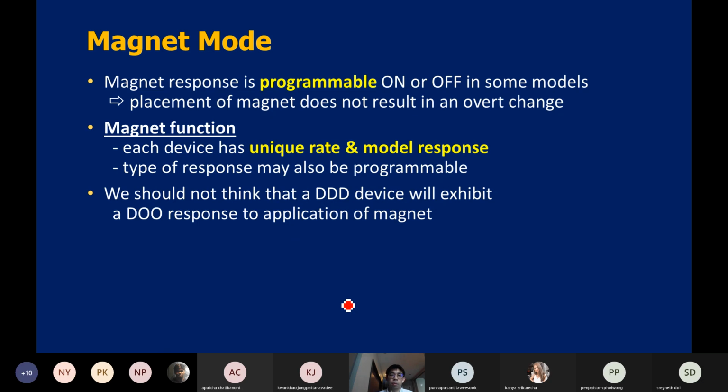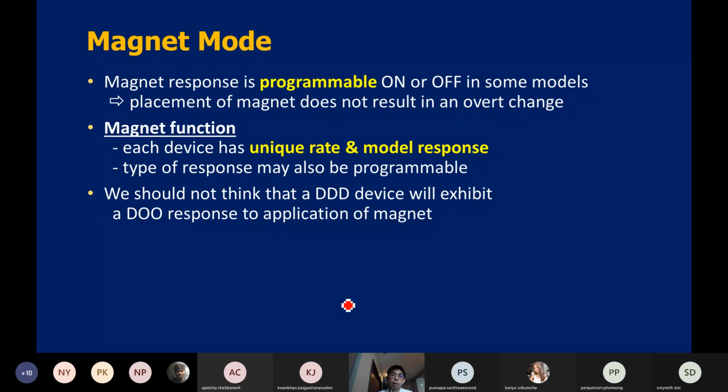Magnet response can be programmed on or off. With some pacemakers, if you program the magnet response off, you won't see anything if you put a magnet on the pacemaker.